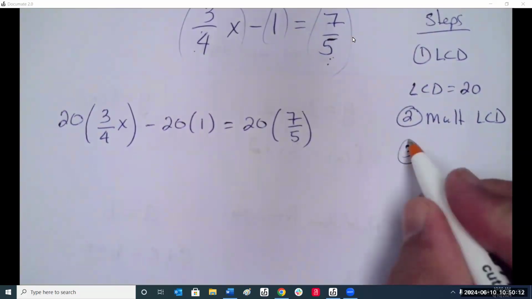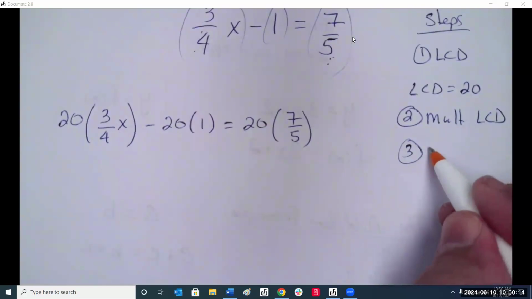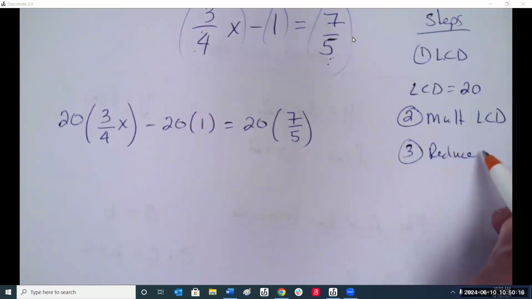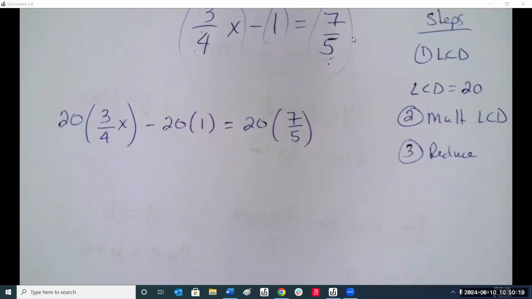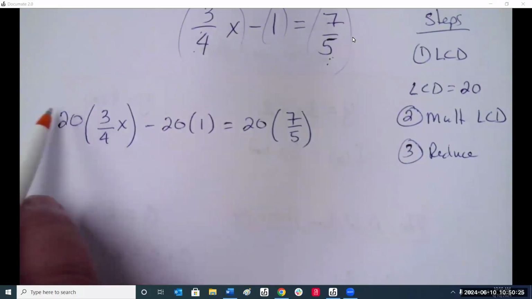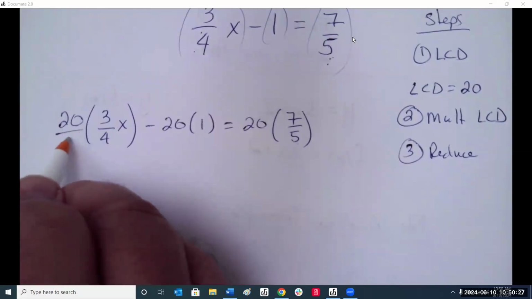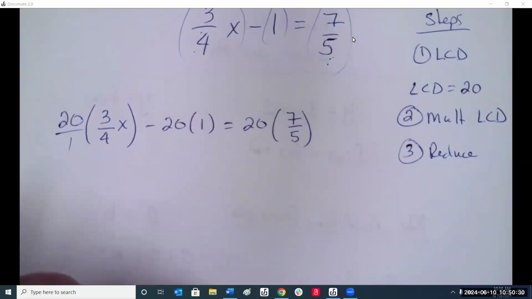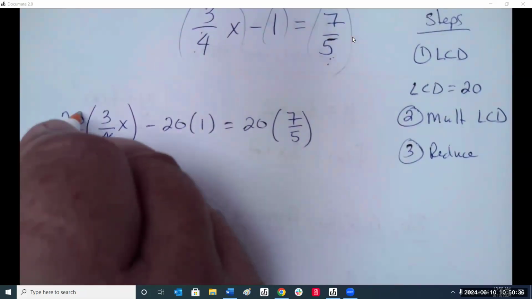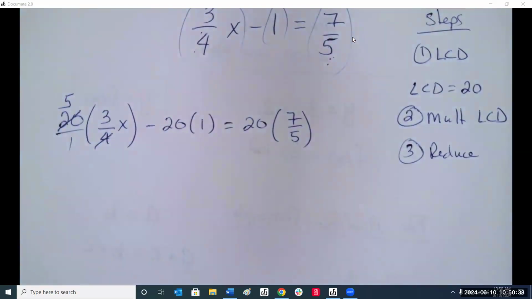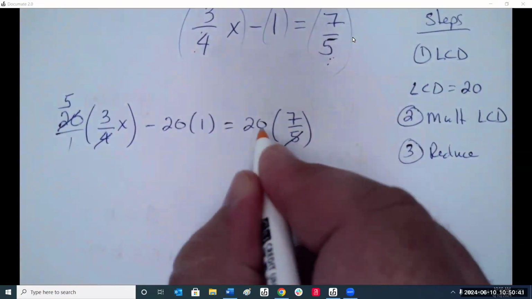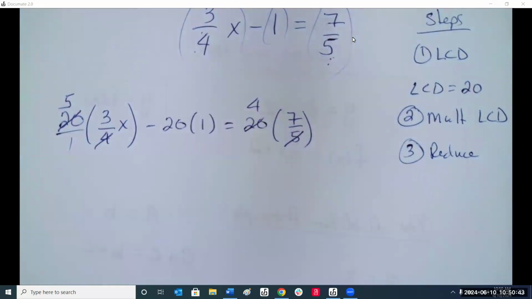What's the third step? Reduce. Whenever you multiply by fractions, never multiply first. Always cancel, make them smaller, then multiply. So can anything reduce here? The answer should be yes, because that's how we got our LCD. 4 goes into 20 5 times. 5 goes into 20 4 times.